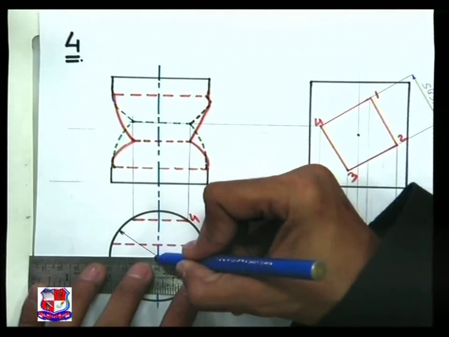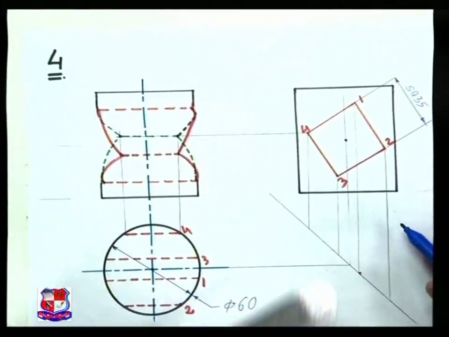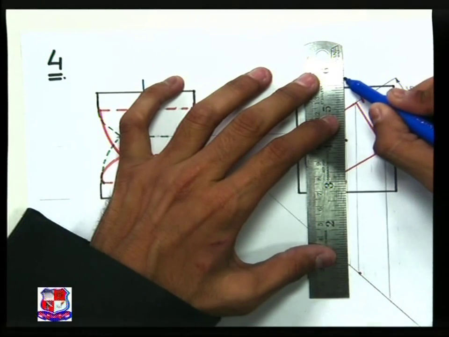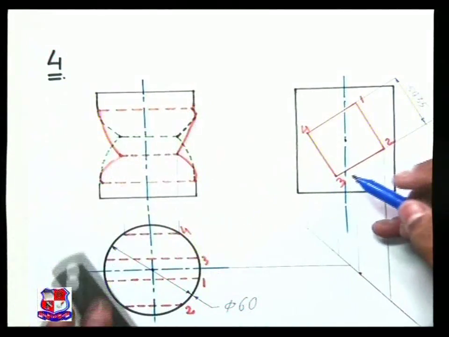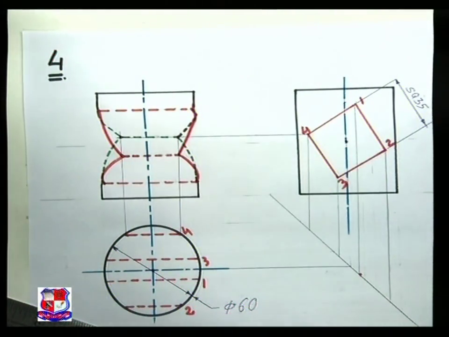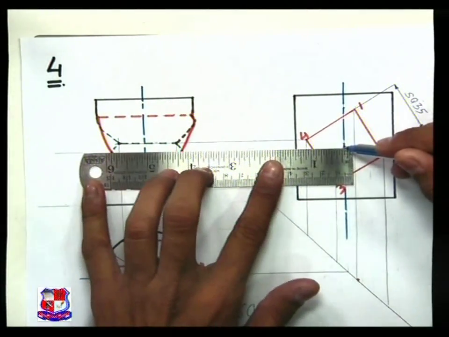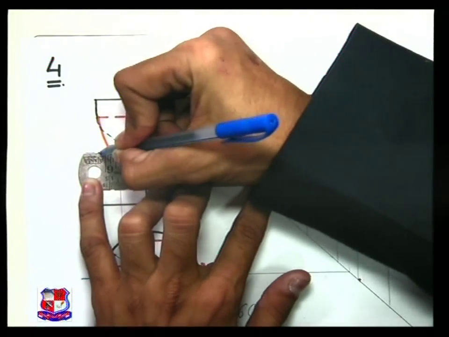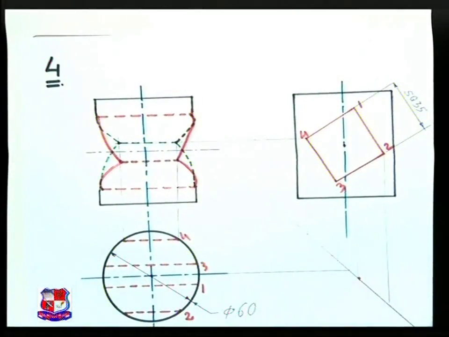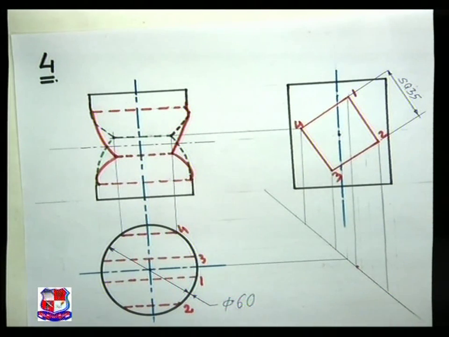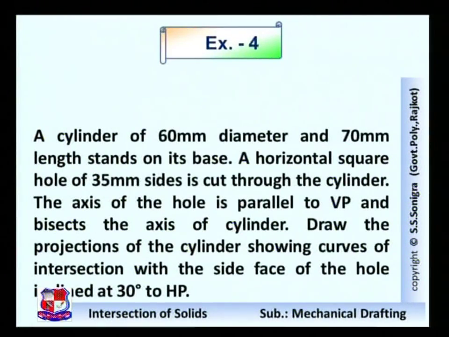Similarly, this is the axis of the cylinder in the front view, the side view. Similarly, the axis of the hole can also be drawn like this. This is the axis of the hole, so from this point draw a line like this. This shows the axis of the square hole which is drilled in this vertical cylinder. So that is problem number 4 that we have discussed.